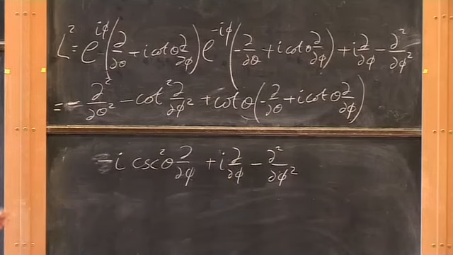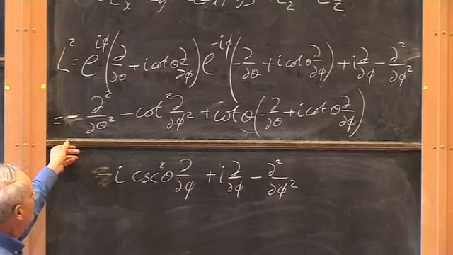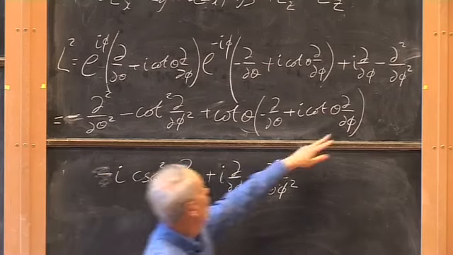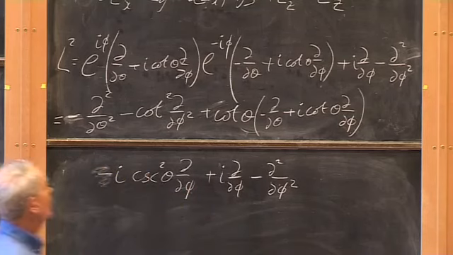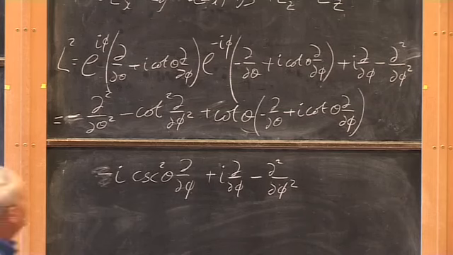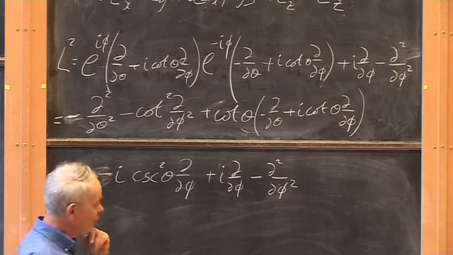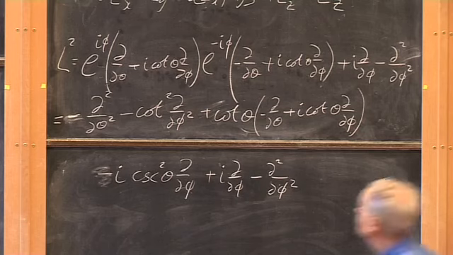Now we need to consolidate our various terms. We have three terms, 1, 2, 3, which are just d by d phi terms, and God be praised, they all add up to nothing, because we have a trig identity, which is cot squared minus cosec squared is minus 1. So we have that cot squared theta minus cosec squared theta is minus 1.